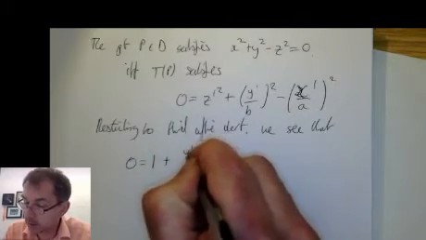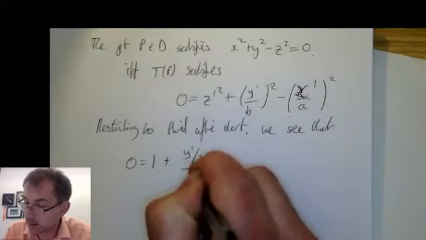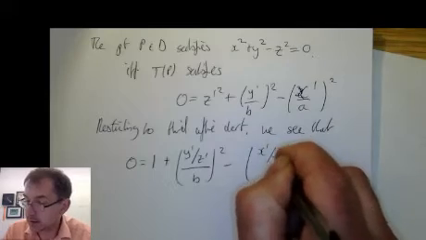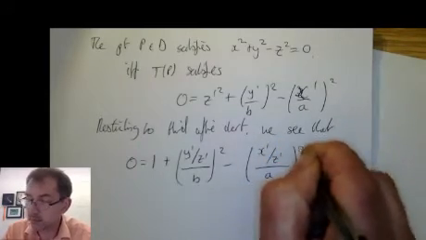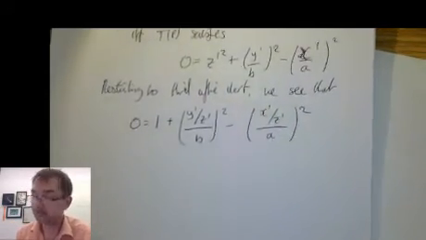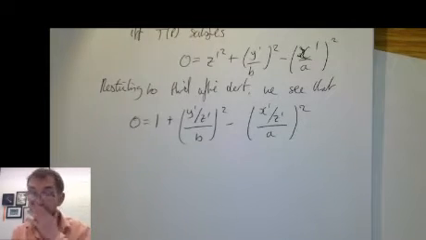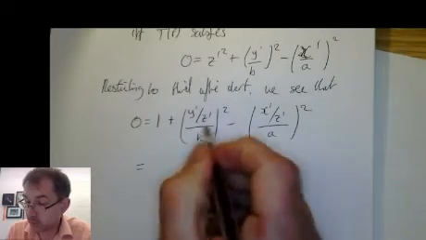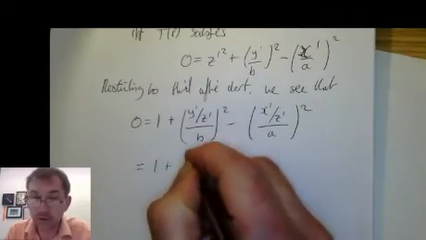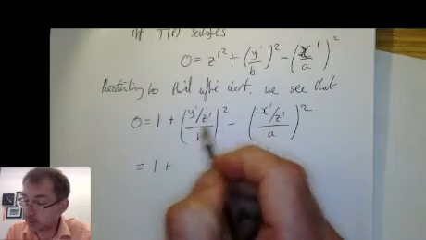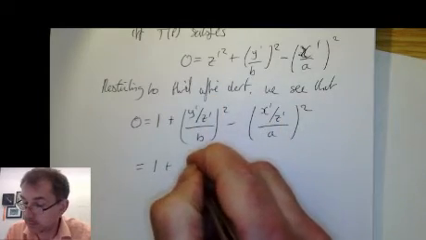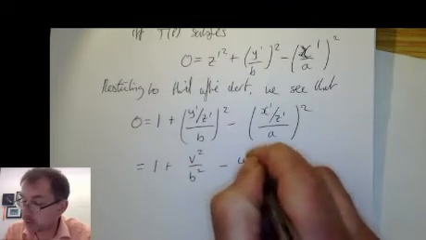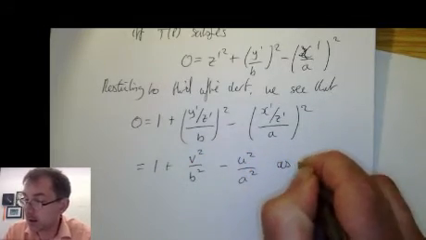So y dashed over z dashed over b all squared minus x dashed over z dashed over a all squared. But these are the coordinate functions that we get from u and v. So this is v squared over b squared minus u squared over a squared as required.